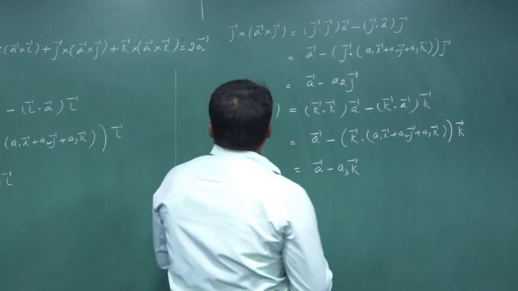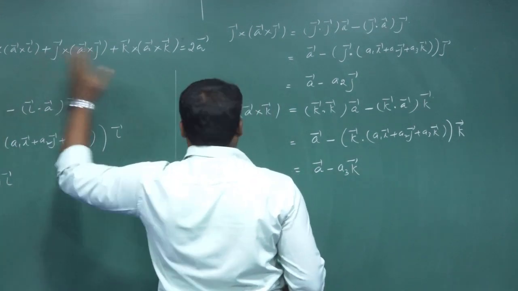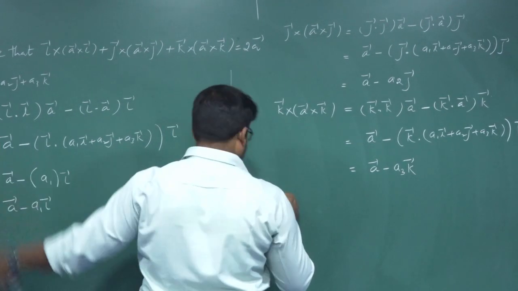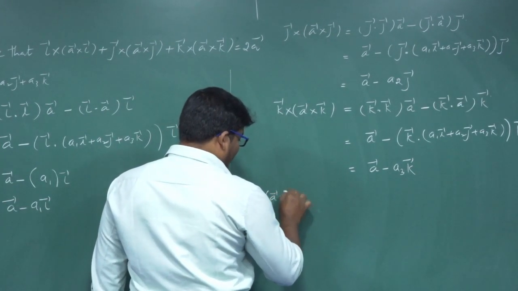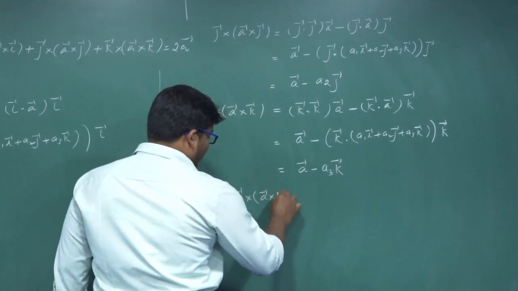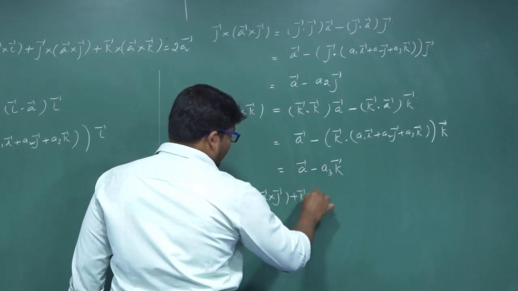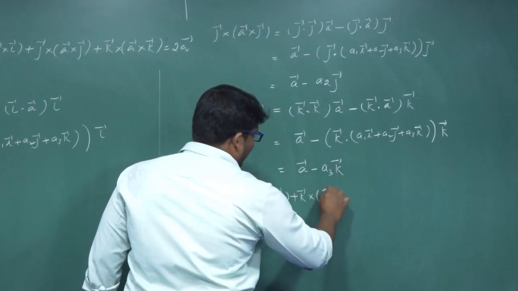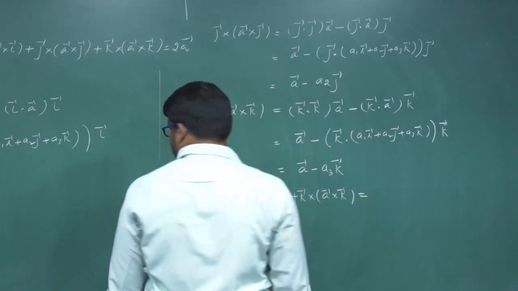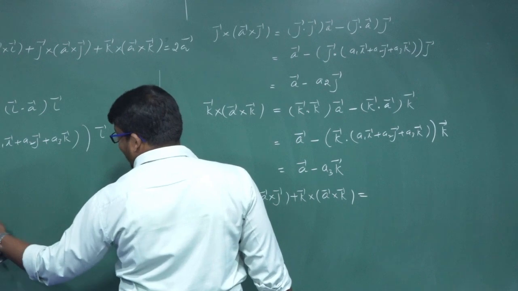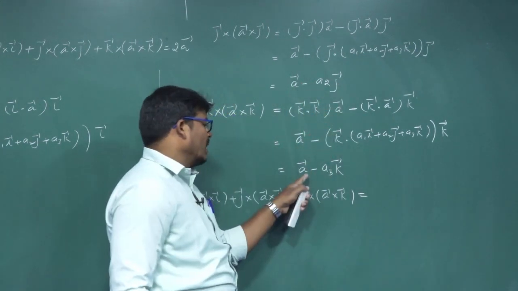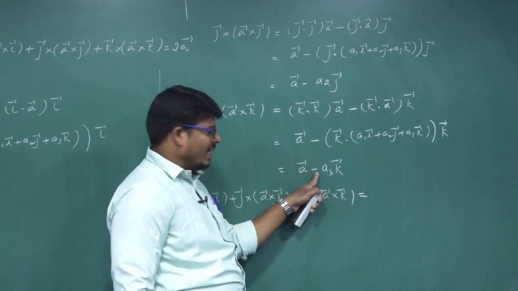Now adding the three results. The left hand side, i vector cross A vector cross i vector plus j vector cross A vector cross j vector plus k vector cross A vector cross k vector, equals the sum of the three results: A minus A1 i vector, A vector minus A2 j vector, and A vector minus A3 k vector.